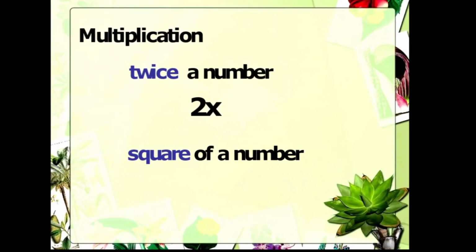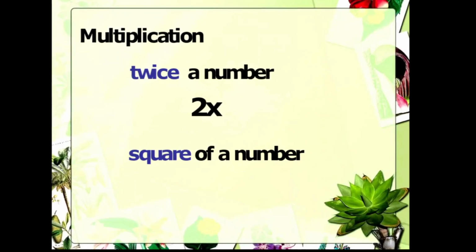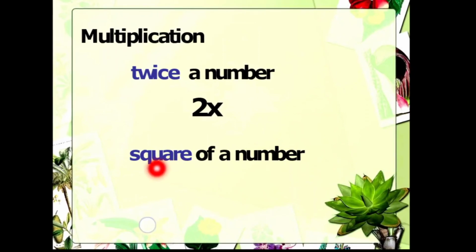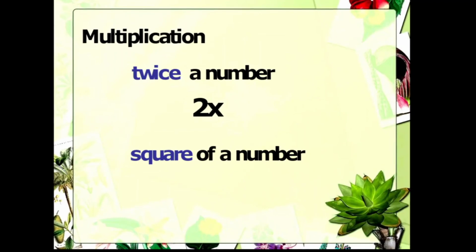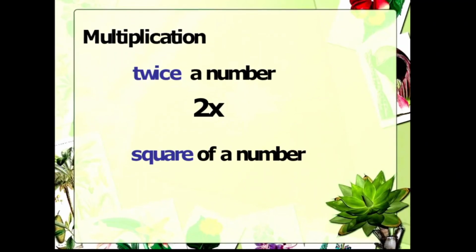As I said earlier, if the exponent is 2, automatically that is squared. Here we have square a number. So we have to square the number. Therefore, we have to put 2 as the exponent of the number.